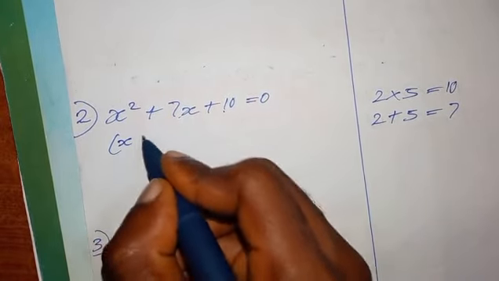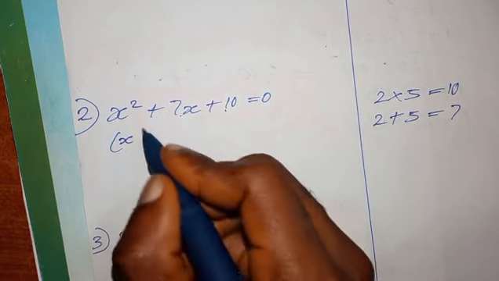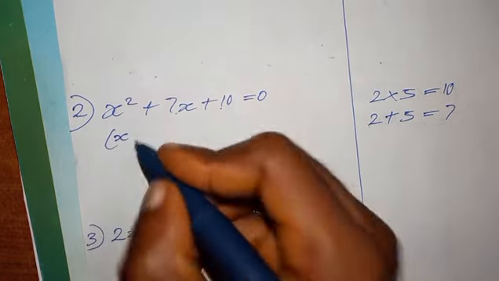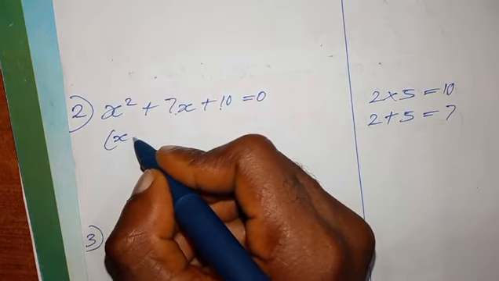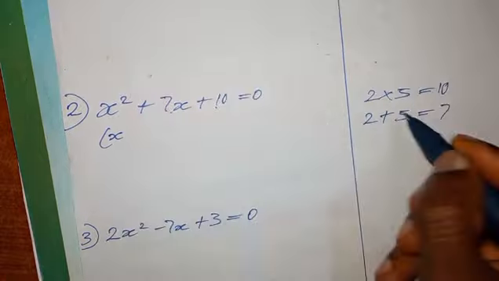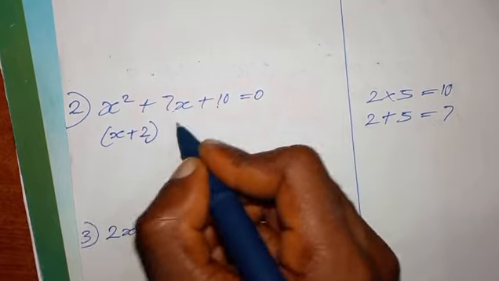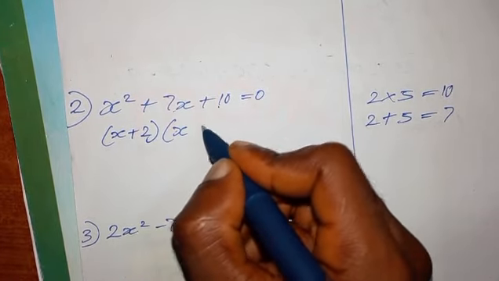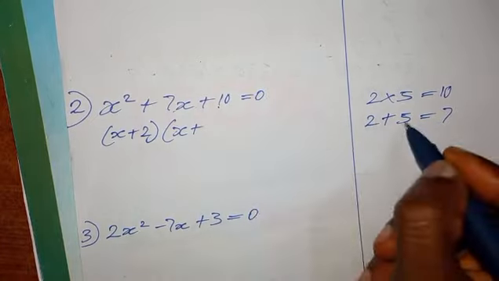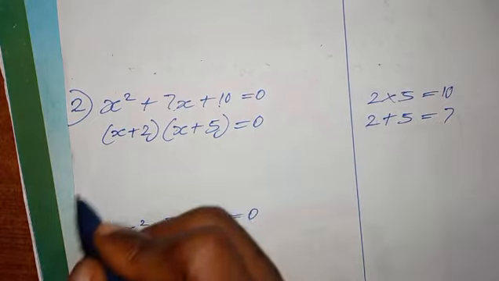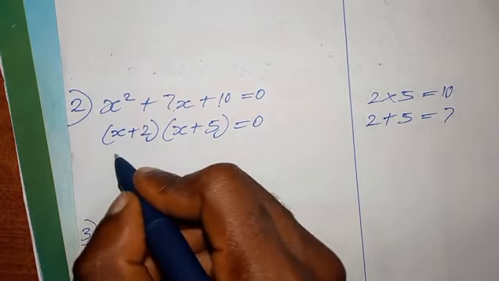Put in bracket first x. The first x, why we have x is because of this x squared. The first x plus 2, and the second one, x plus 5 is equal to 0. So the quadratic equation, the answer here will be x.